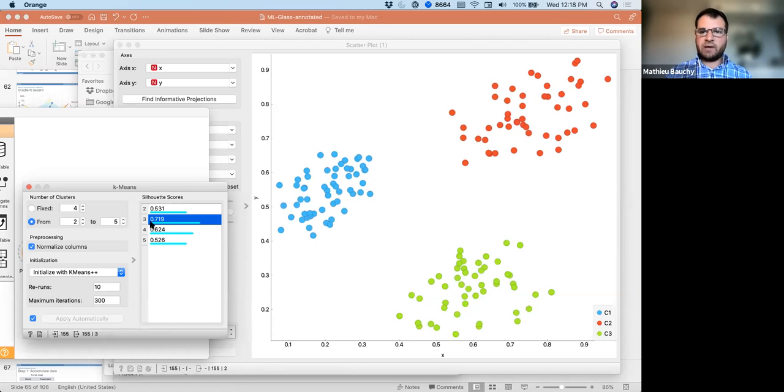So that's one way when you don't know the number of clusters: try k equal 2, k equal 3, k equal 4, like trying different numbers of clusters. For each number of clusters, you calculate the silhouette, and then you select the number of clusters that gives you the highest silhouette score. And that gives you an idea of the best number of clusters that describes your data set.